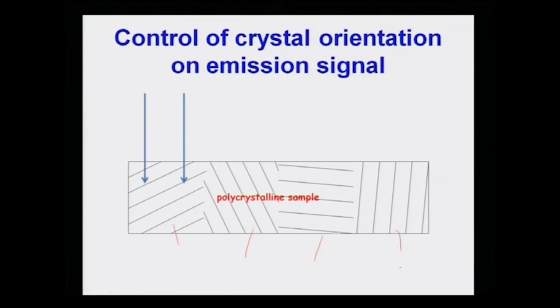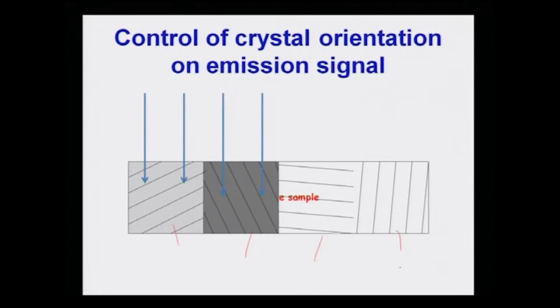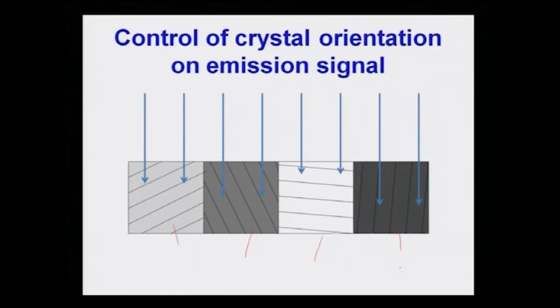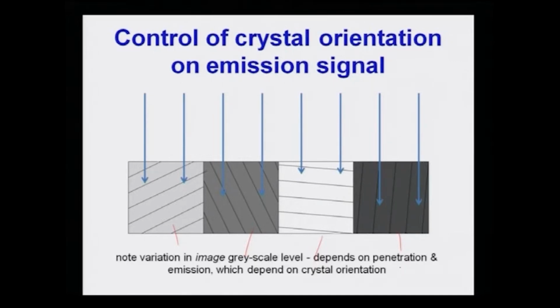Now, if we have electrons falling on this particular grain, we can obtain the orientation, and we can give a grayscale image contrast based on however we define the grayscale, making it darker depending on the orientation of the crystal. That is how one obtains this grayscale level.